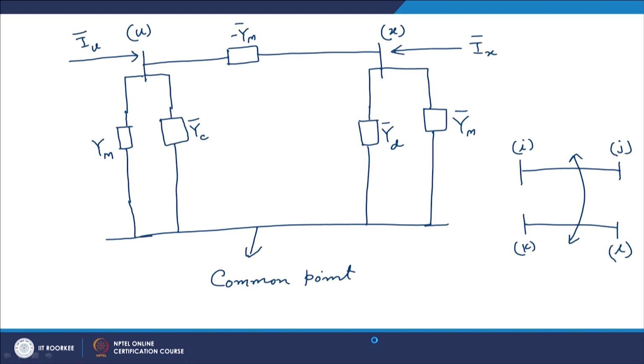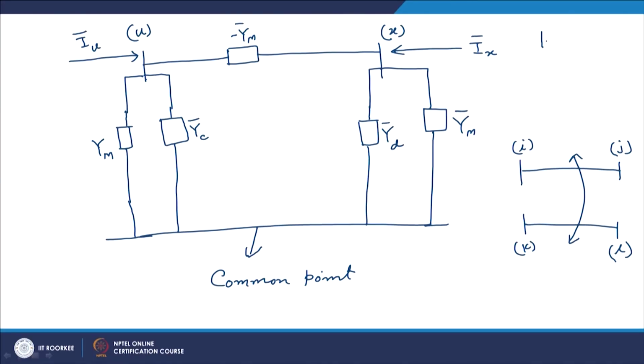Similarly, if this is bus I, bus J and bus L, with one line like this and another line like this, and these two lines are mutually coupled, this particular circuit will hold good.